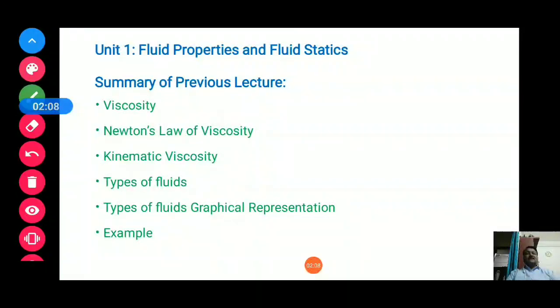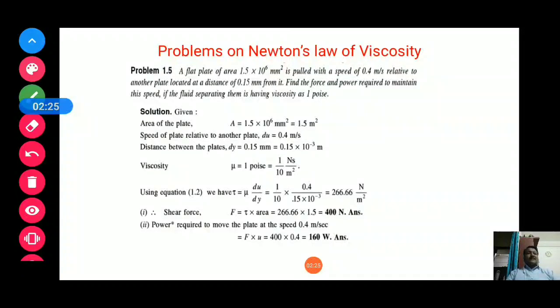Now we have seen the graphical representation of types of fluids, that is the graph between shear stress and velocity gradient. Again we have seen one example on Newton's law of viscosity.